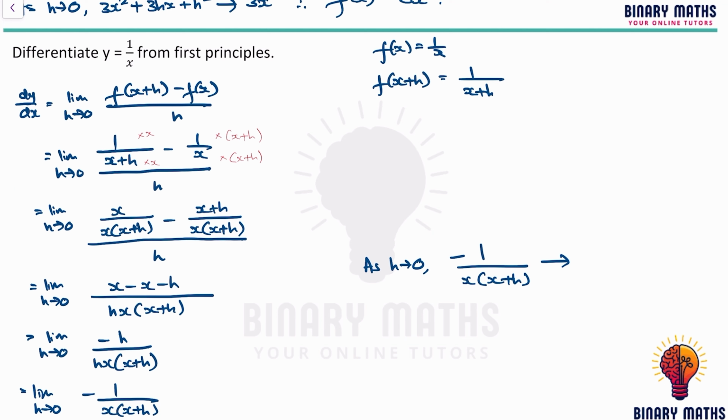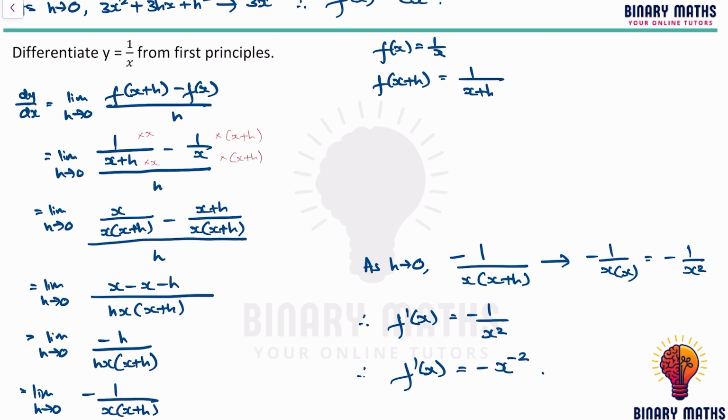If h tends to 0, it's the same thing as minus 1 over x times x, which is equal to minus 1 over x squared. Therefore, f dash of x will be equal to minus 1 over x squared. If you want to write it in index form, it's the same thing as minus x to the minus 2.